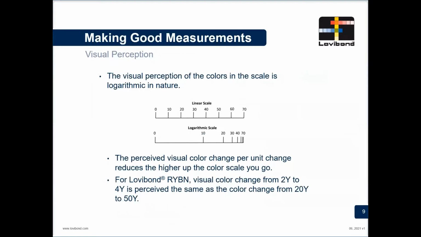The other thing to remember is that the Lovibond scale and the ASCS red-yellow scale are logarithmic in nature, and this is due to the way the eye works. So if we double the amount of color, usually by doubling the path length, visually the eye does not see that as double the amount of color.